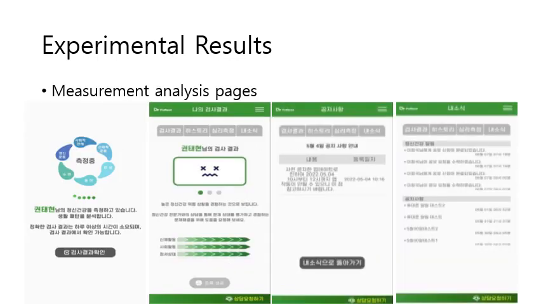This screen is a page that briefly provides the results measured by the sensor. On the first page at the left side of the slide, we can see a monitoring screen.